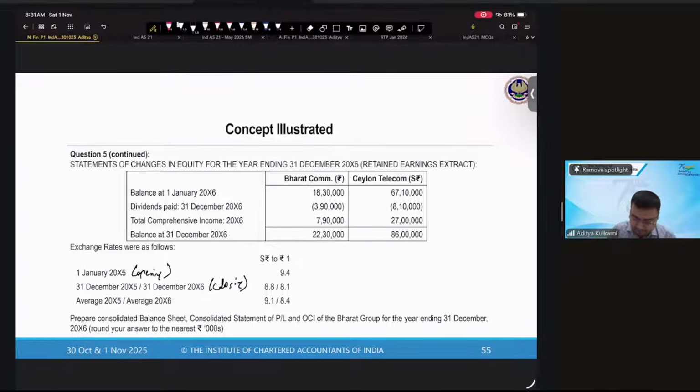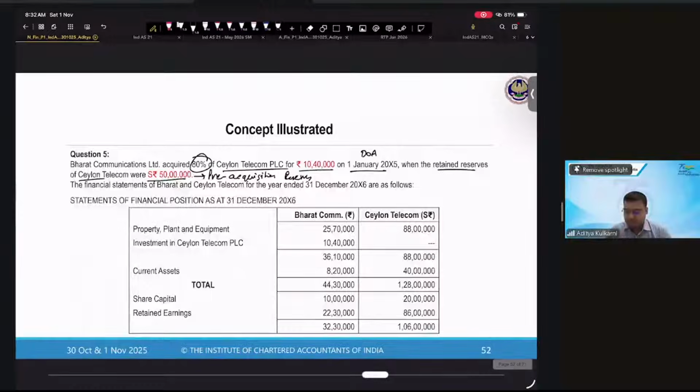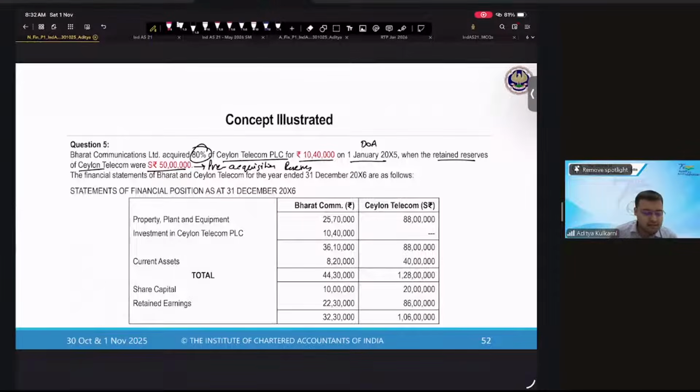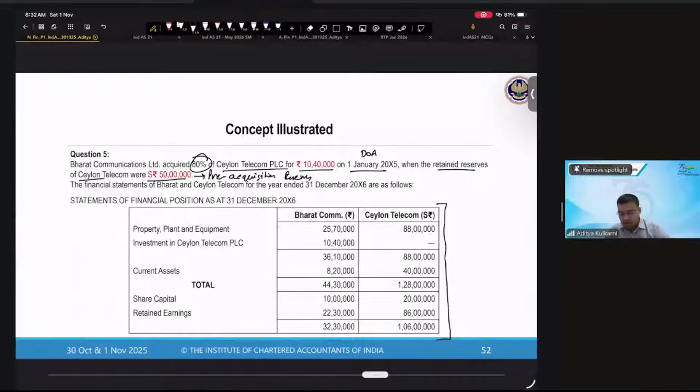First of all, where do I start from? This question, where should I start? From opening balance sheet. So this is my opening balance sheet. Everybody agrees? Yes. This is the closing balance sheet, 31st December 20X6. We will start from here. There is no other figure given.